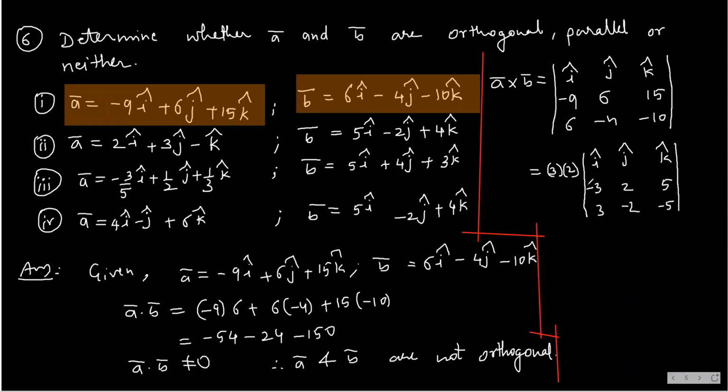Now I take the minus sign common from the second row, so I'll get minus 6 here. When you take the minus sign common from the second row, this will become 3, minus 2, minus 5, and 3, minus 2, minus 5. Great.